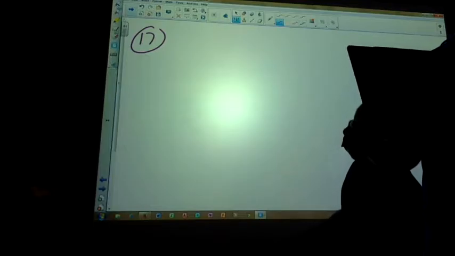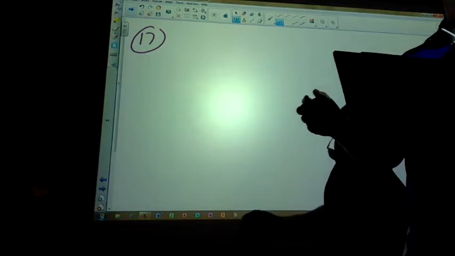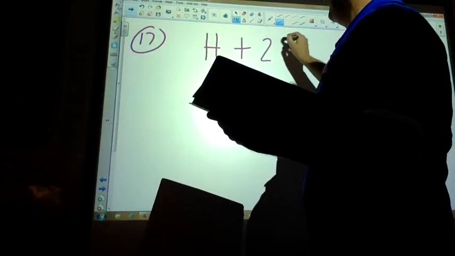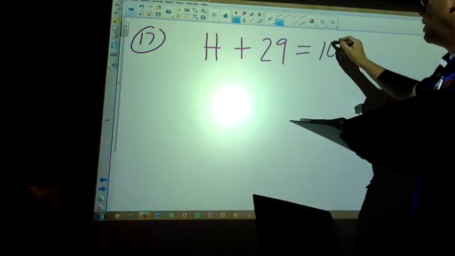But in exchange for the hat, Crystal is handing a $100 bill. So I'm going to go hat plus 29 equals 100.